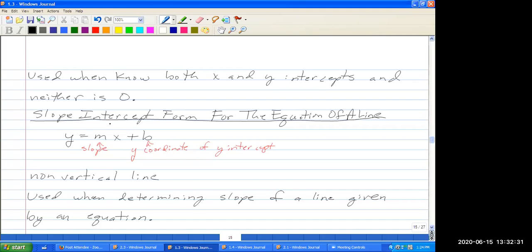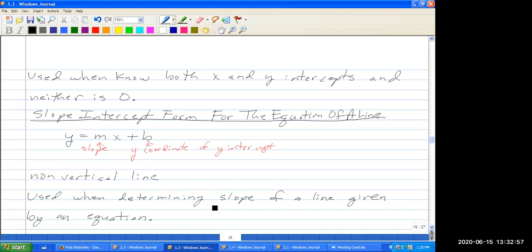The slope-intercept form for the equation of a line: y equals mx plus b. b is the y-coordinate of the y-intercept. Since I have a slope, I need to know what the slope is in that formula. So this only holds for non-vertical lines. When do you use this?